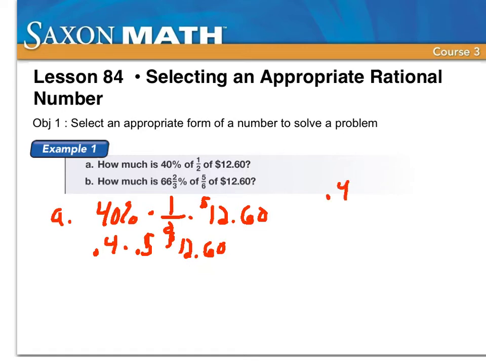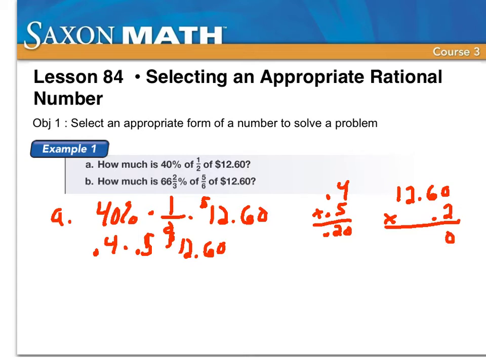So 0.4 times 0.5, 4 times 5 is 20, and I need two decimal places. So it's 0.20, or just 0.2. And then I'm going to multiply that by $12.60. So $12.60 times 0.2, or 0.20, is the same thing. Okay.